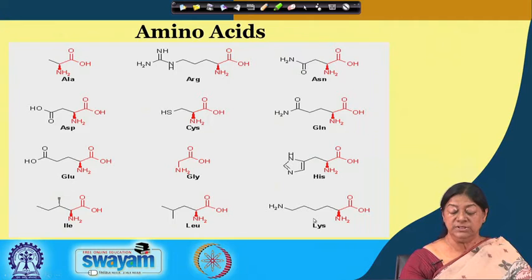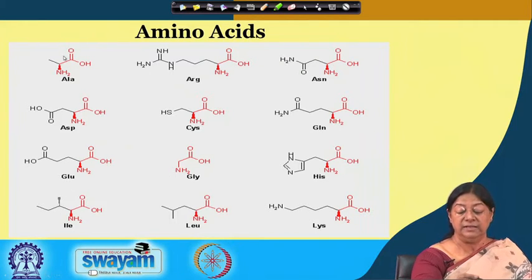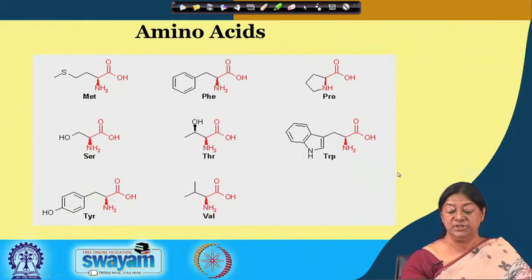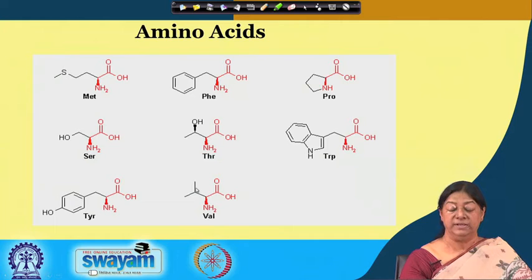What you will notice here is that some of the amino acids have nitrogen and oxygen in their side chains. Some of them have only carbon and hydrogen: isoleucine, leucine, alanine. If we go on to the next page, we will see valine. These are ones that have carbon and hydrogen in their side chain, making them hydrophobic in nature.